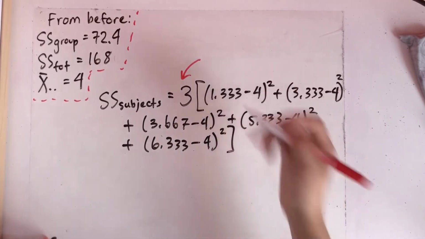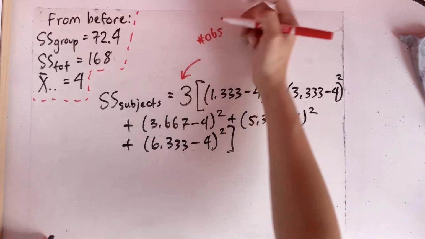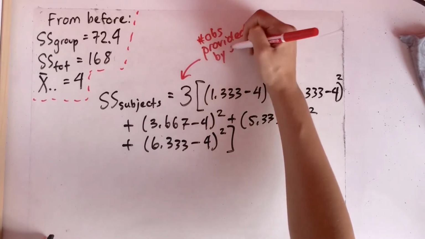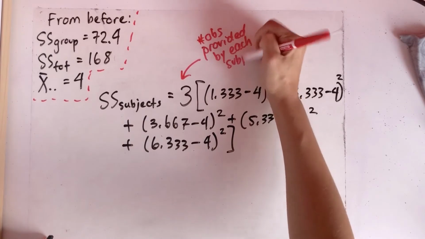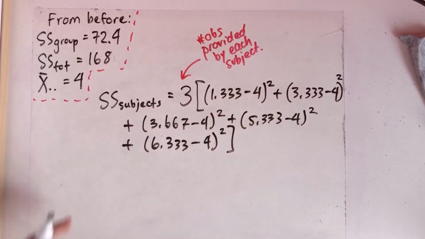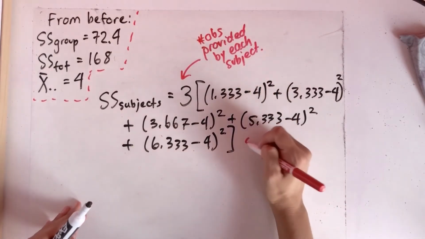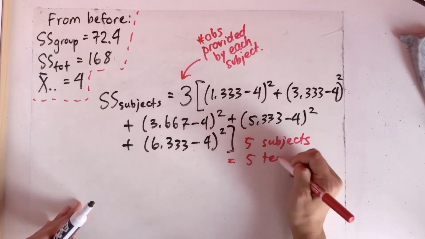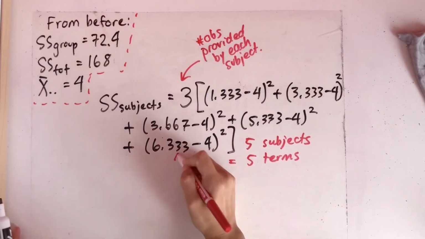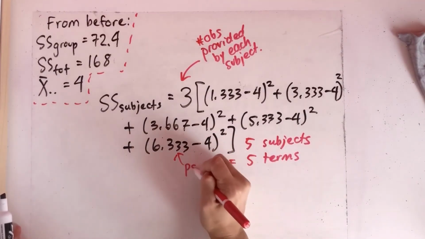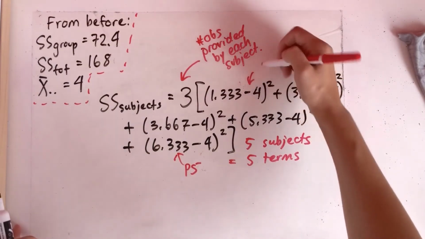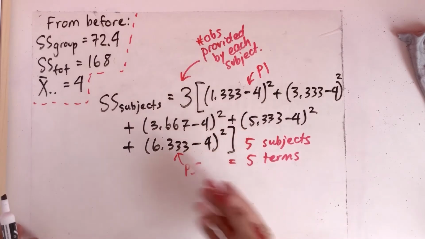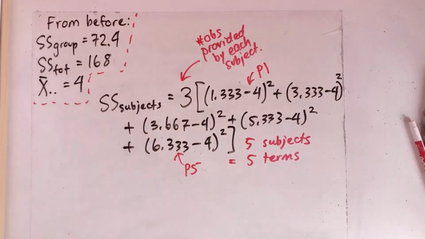So there are 3 observations provided by each subject. And then because there are 5 subjects, that equals 5 terms. So here's the term from participant 5, and here's the term from participant 1, for example, and that's why we have the 5 terms in our SS subject formula.